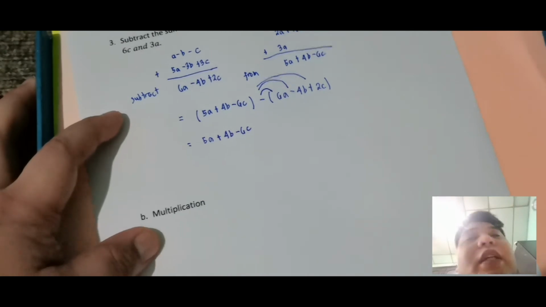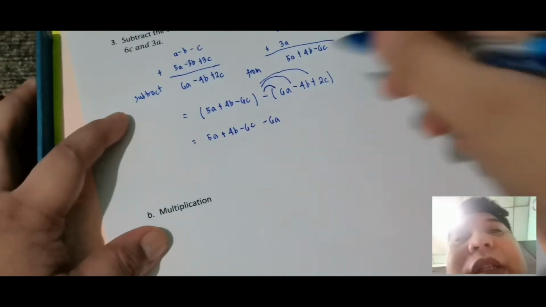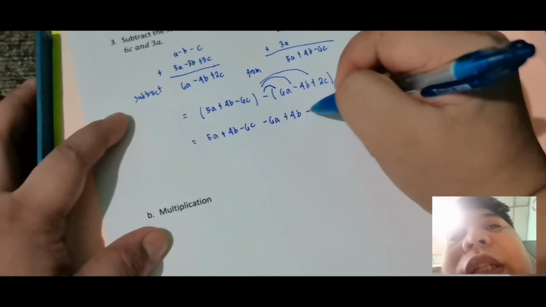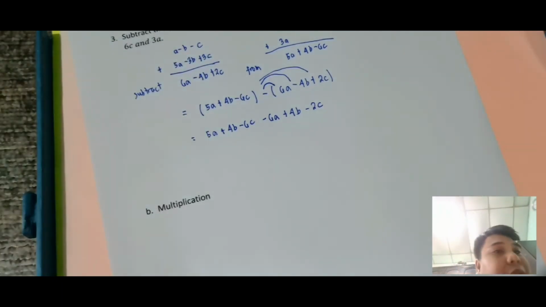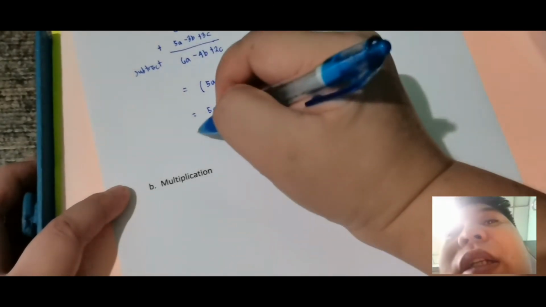Then negative times 6a is negative 6a. Negative times negative, that is positive 4b. Negative times positive, that is negative 2c. Okay, tandaan, pag minus, tignan mo yung each term, i-multiply mo sa negative or sa minus term. Then saka tayo mag-combine ng like term.